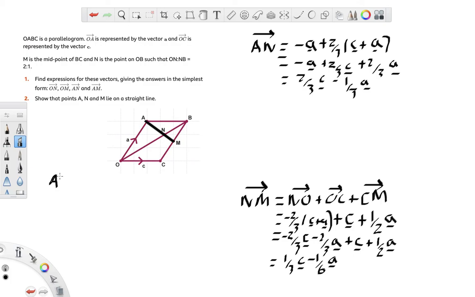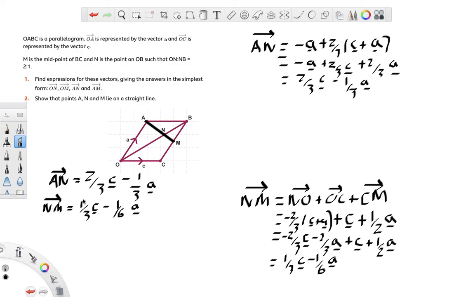So AN, so A to N is 2/3 of C minus 1/3 of A. Then we've got N to M, so the vector N to M, which is minus a third of C. No, sorry, it's positive, so it's a third of C, minus 1/6 of A. So is there a relationship between these two vectors?